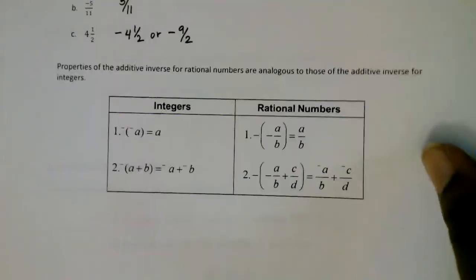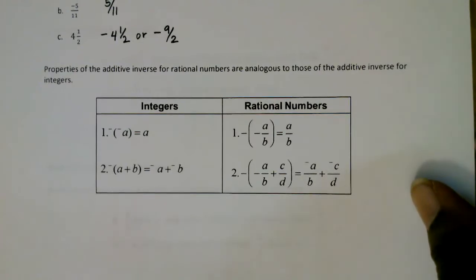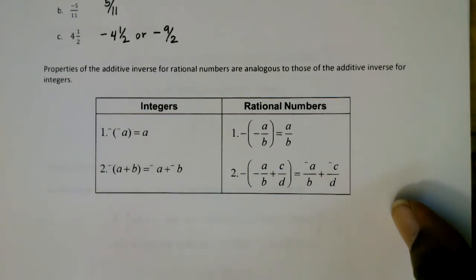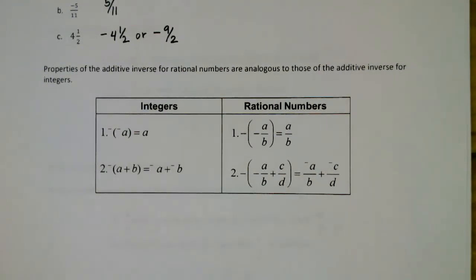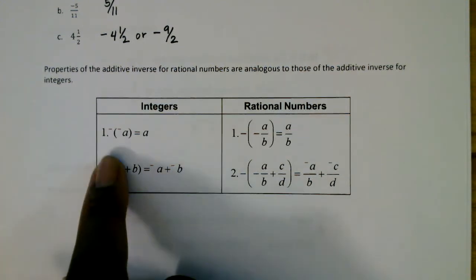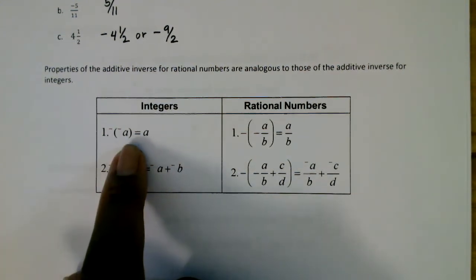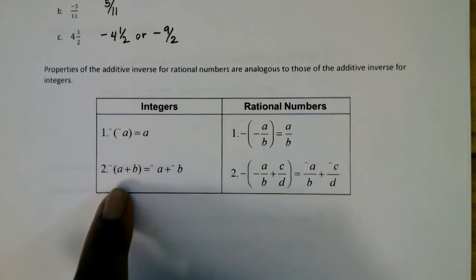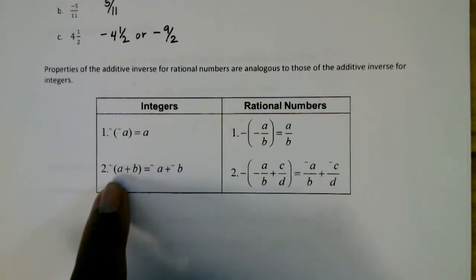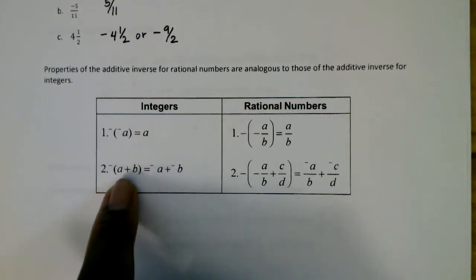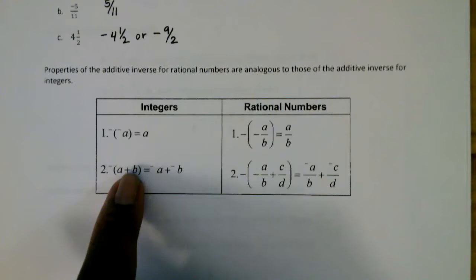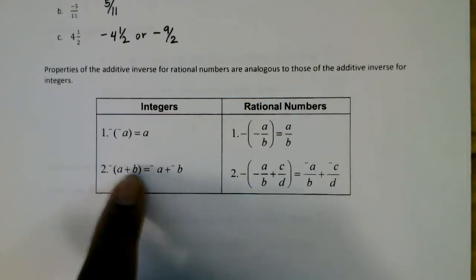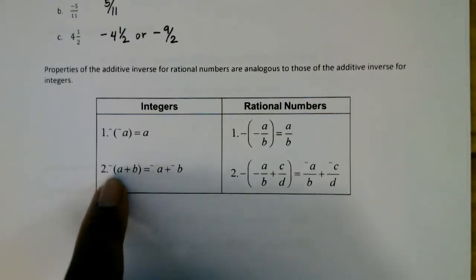All right, properties of the additive inverse for rational numbers are analogous to those of the additive inverse for integers. So with integers, the opposite of a negative a would be a. And here the opposite of the sum of a and b, we just take the opposite of each of those numbers.